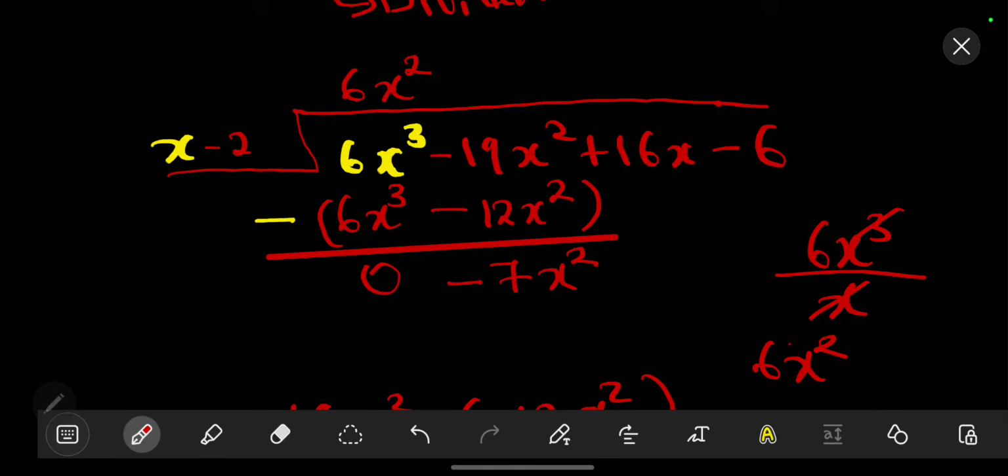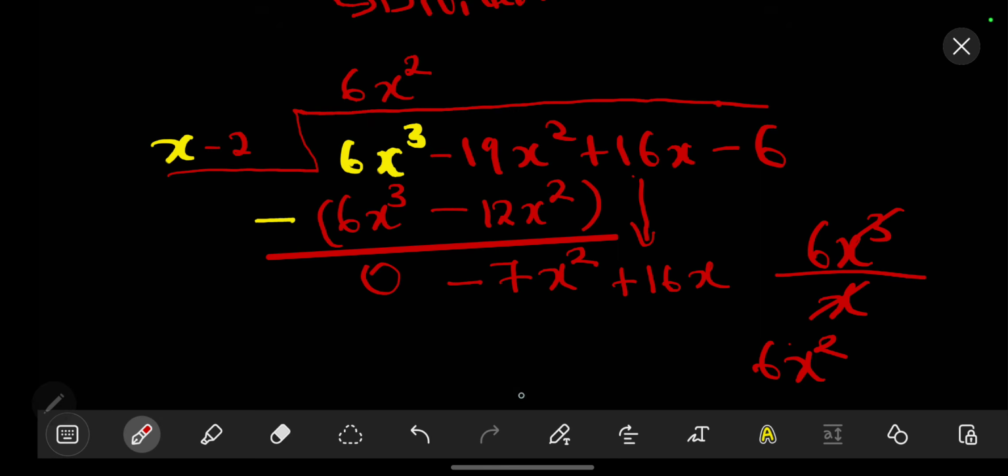After that, we are going to divide again. Before we divide, we are going to drop the next number here. We drop it like that. Then from here, we are going to divide.